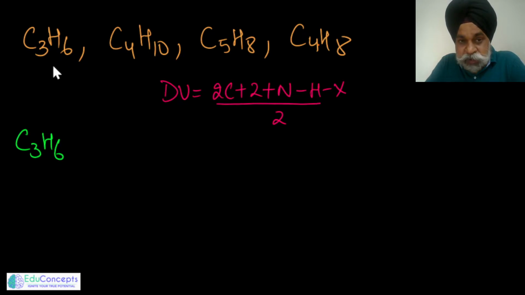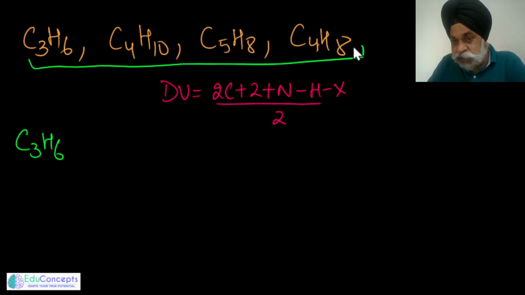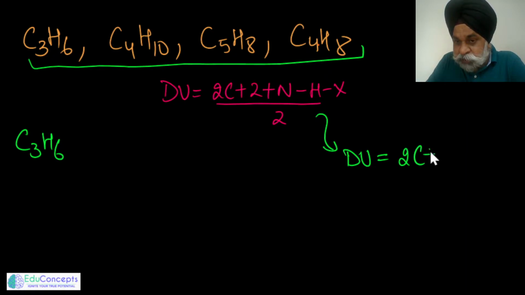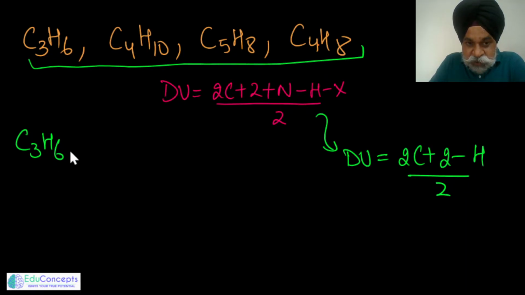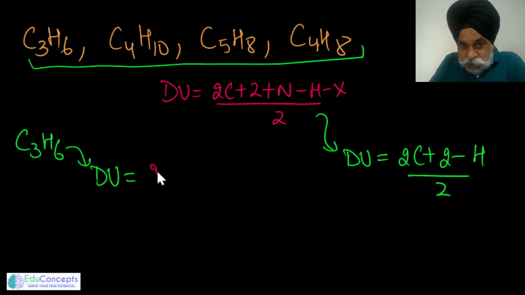C3H6. Now all of these hydrocarbons, these 4 compounds which I have just selected here, since they don't have any nitrogen or halogen, we can simply write degree of unsaturation as 2C plus 2 minus H upon 2. So DU would be 2 into 3 plus 2 minus 6, am I right or not?